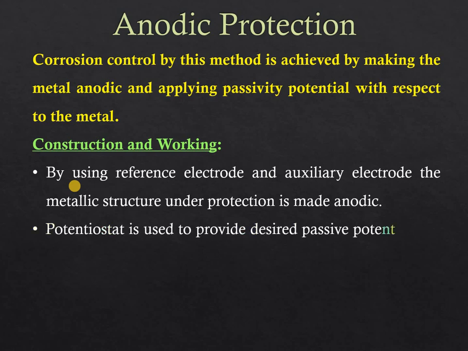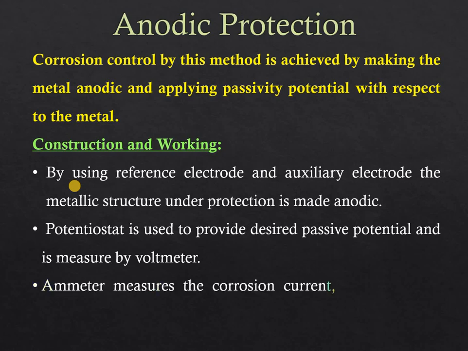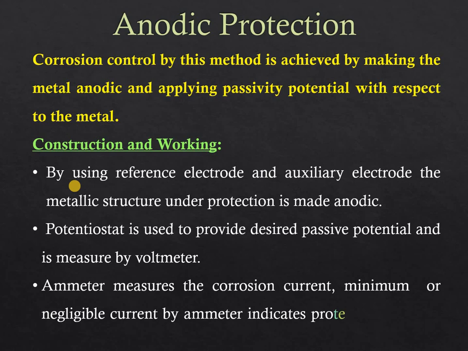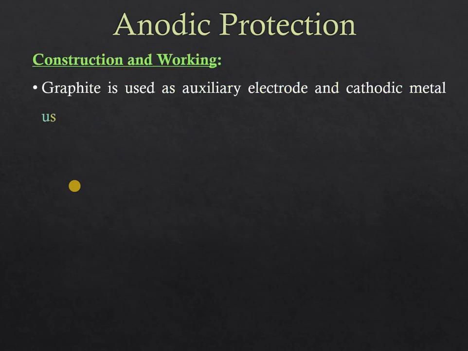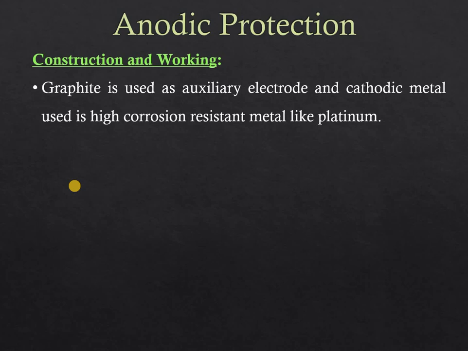The potentiostat is used to provide the desired passivity potential, which is measured by the voltmeter. The ammeter measures the corrosion current and is connected to the auxiliary electrode made of graphite. Minimum or negligible current on the ammeter indicates the protection of the metal by the anodic protection method. The graphite is used as an auxiliary electrode, and the cathodic metal used is a high corrosion resistance metal like platinum.